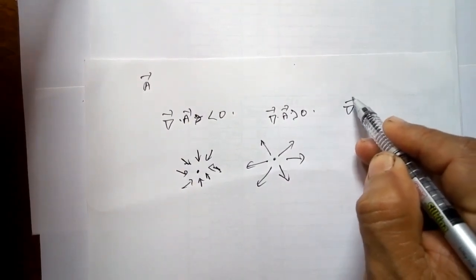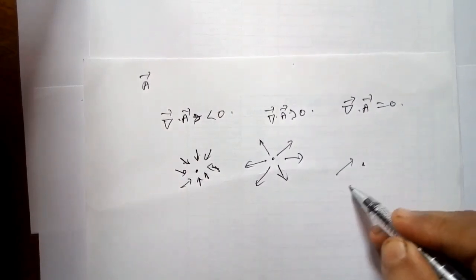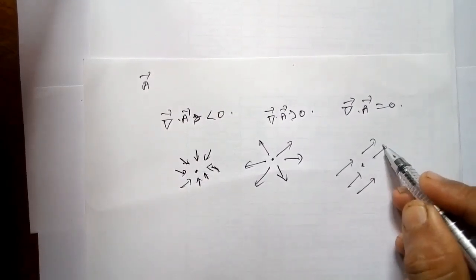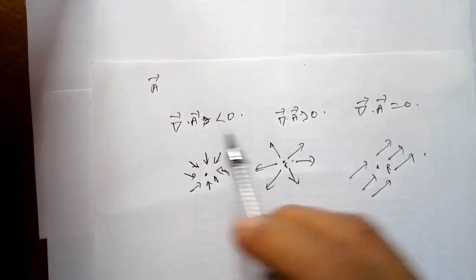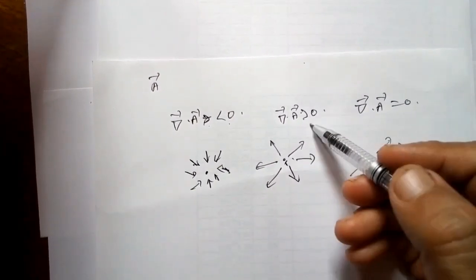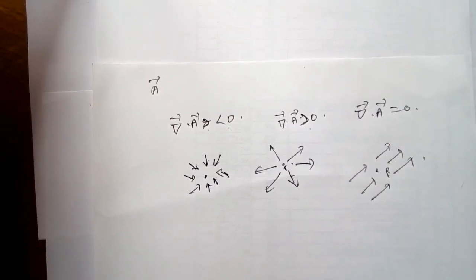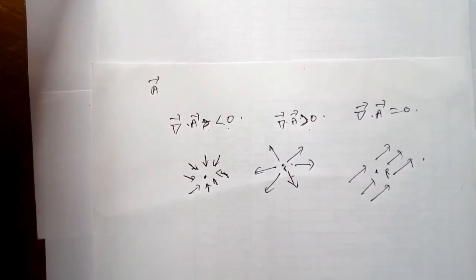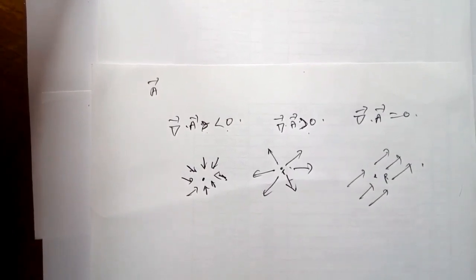And when del dot A is equal to 0, whatever is coming in is moving away from the point P. So this is converging: del dot A is negative, converging. Del dot A greater than 0, positive, diverging. Del dot A equal to 0, whatever is coming in is flowing out of the point.